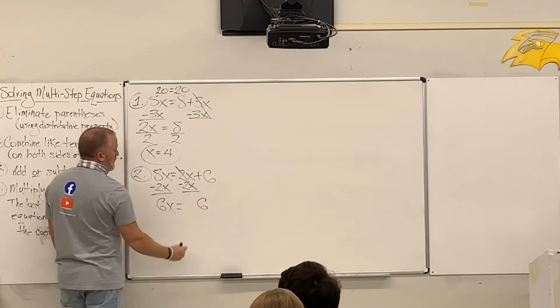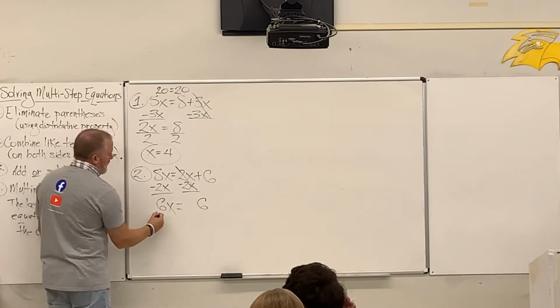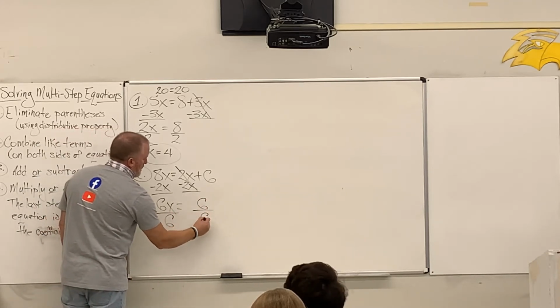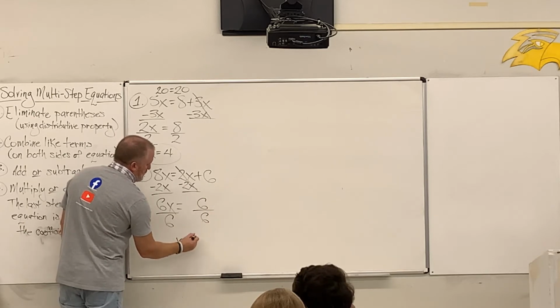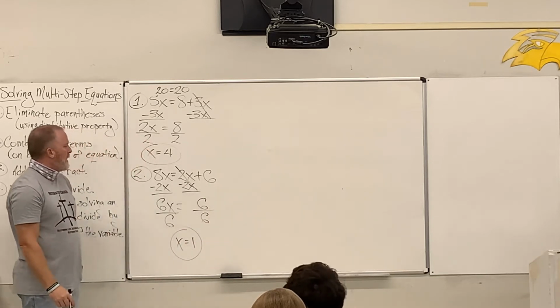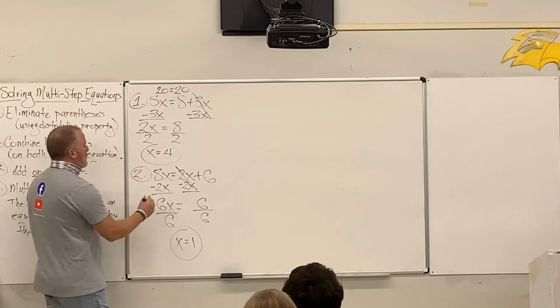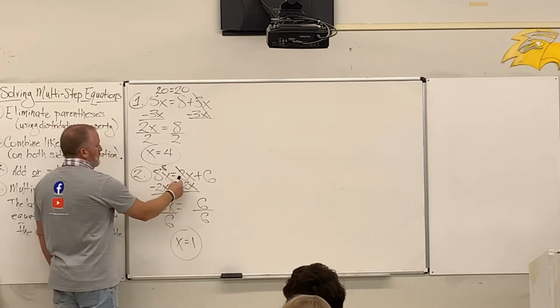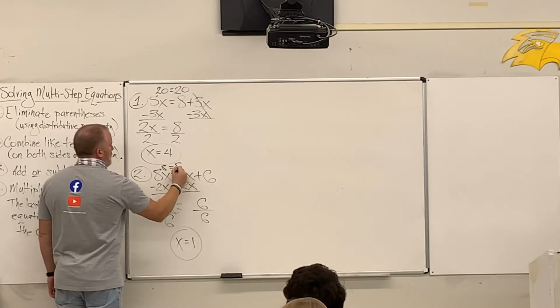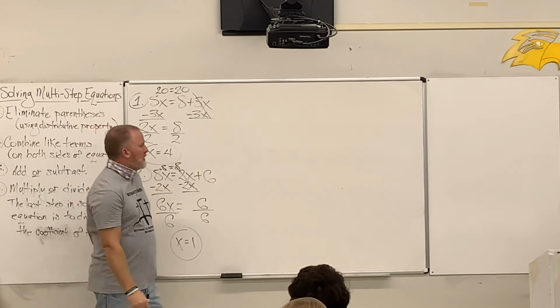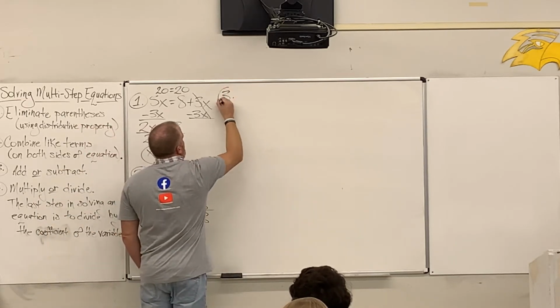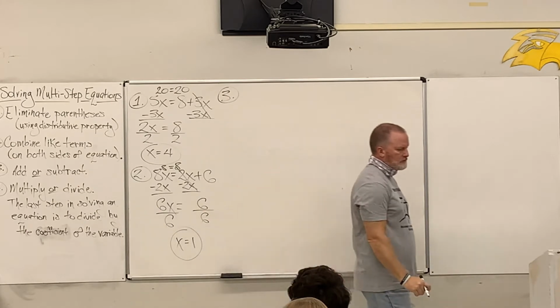So we got 6x is equal to 6. And then that last step, divide by the coefficient, divide by 6, and x is 1. So if x is 1, 8 times 1 is 8. 2 times 1 is 2, plus 6 is 8. So we get 8 is equal to 8. We know that solution is correct.